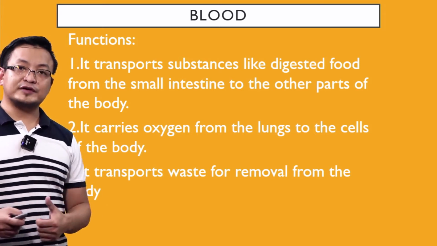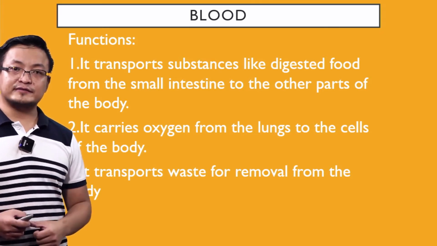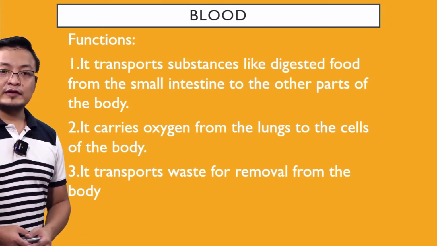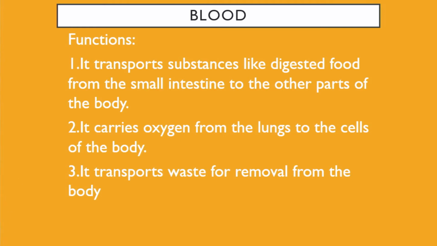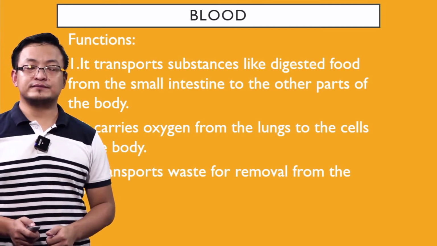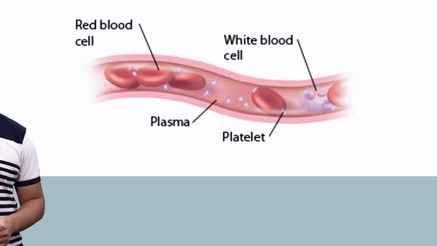So it has to be transported to all parts of the body, which is done with the help of blood. It also carries oxygen from the lungs to the cells of the body. Third, it transports waste for removal from the body.